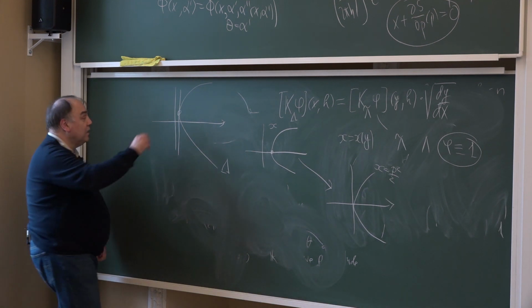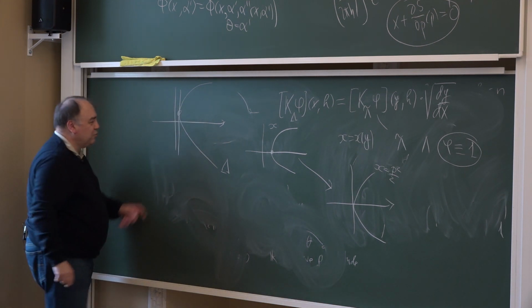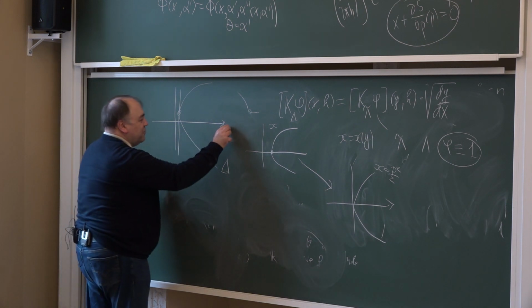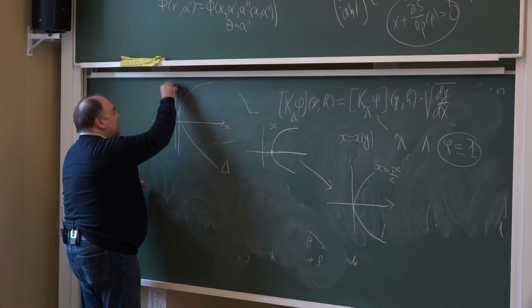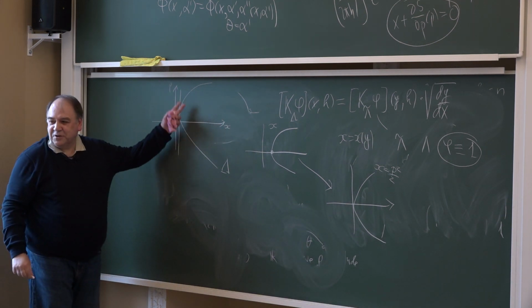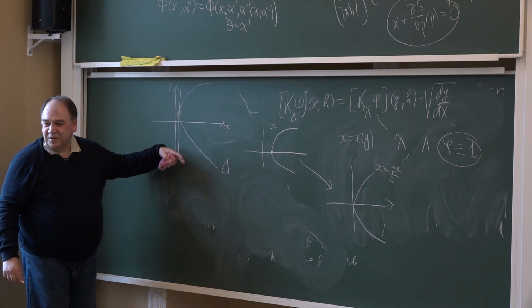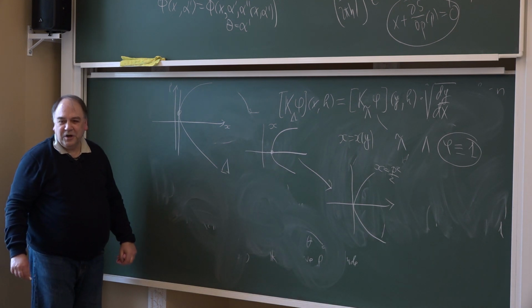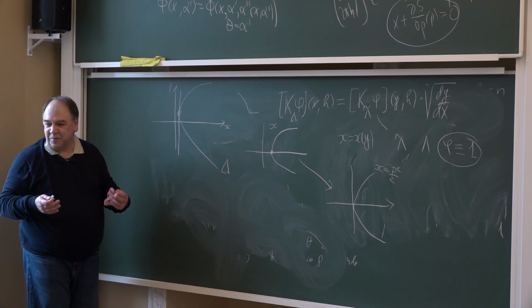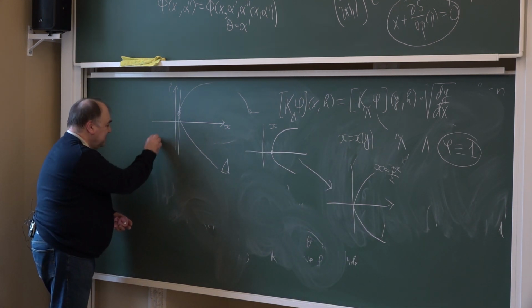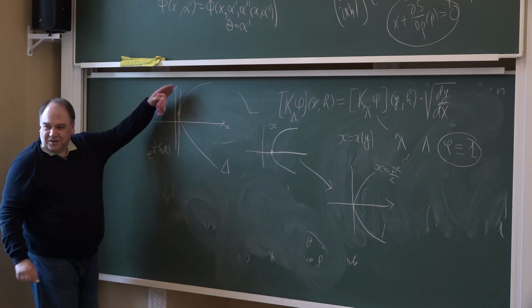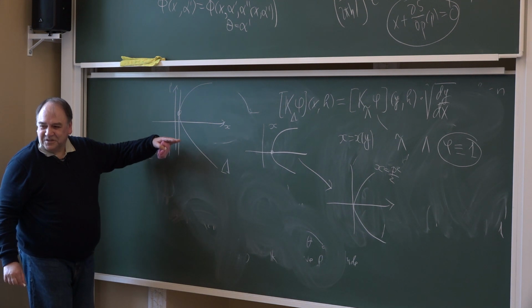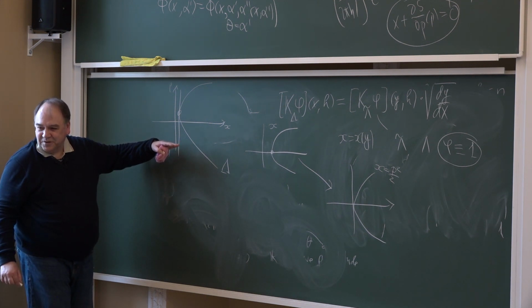The first thing I do, I look at this manifold and see that it is not symmetric with respect to the x-axis. So I multiply my canonical operator by some exponential, so that my manifold will be symmetric.